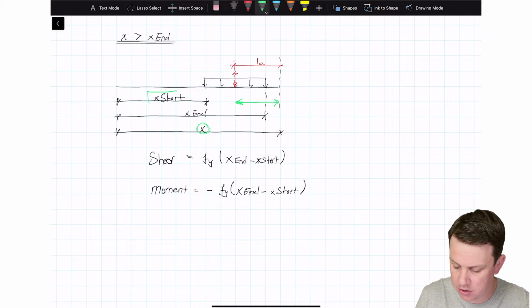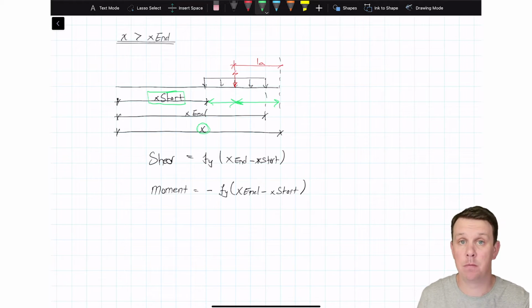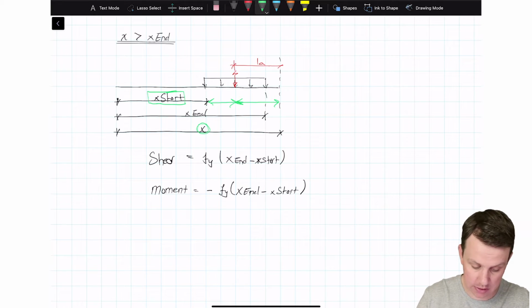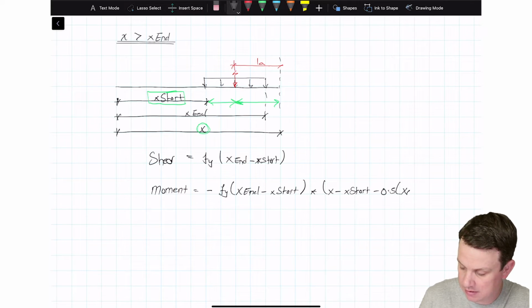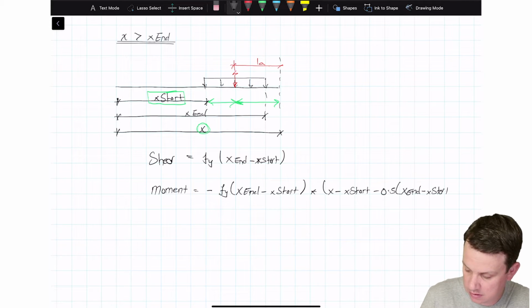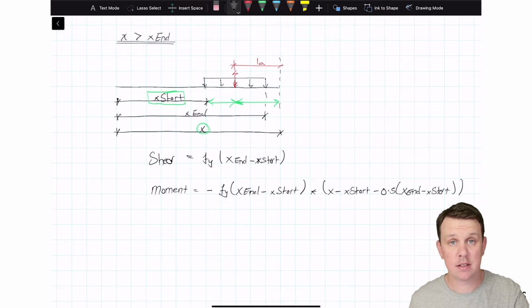Take away this chunk here, x start, and then take away this little chunk here, which is half of x end minus x start. So that's your lever arm in this scenario. So let's say times x minus x start minus 0.5 times x end minus x start. All right, so that's my second pair of equations for my shear and moment.